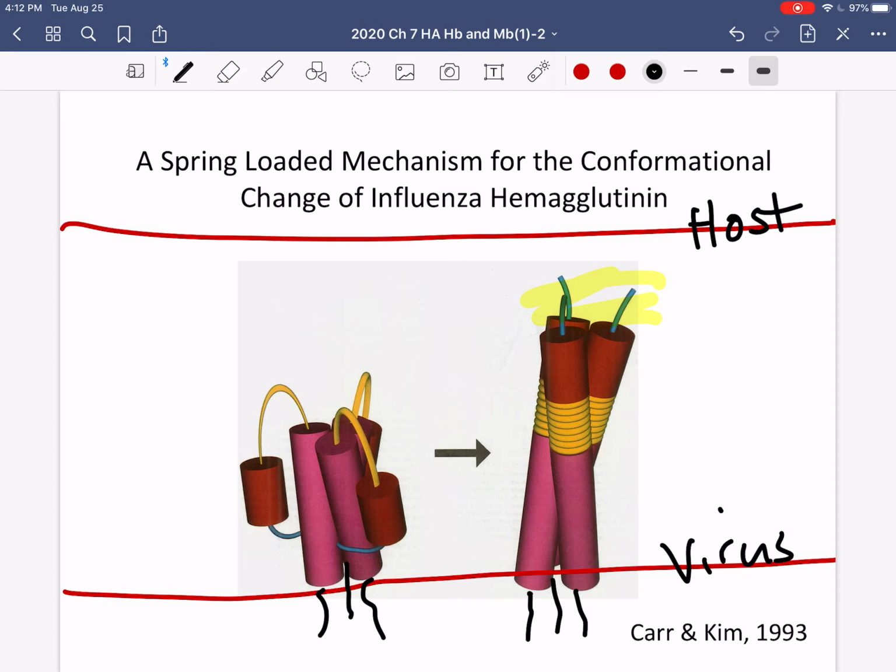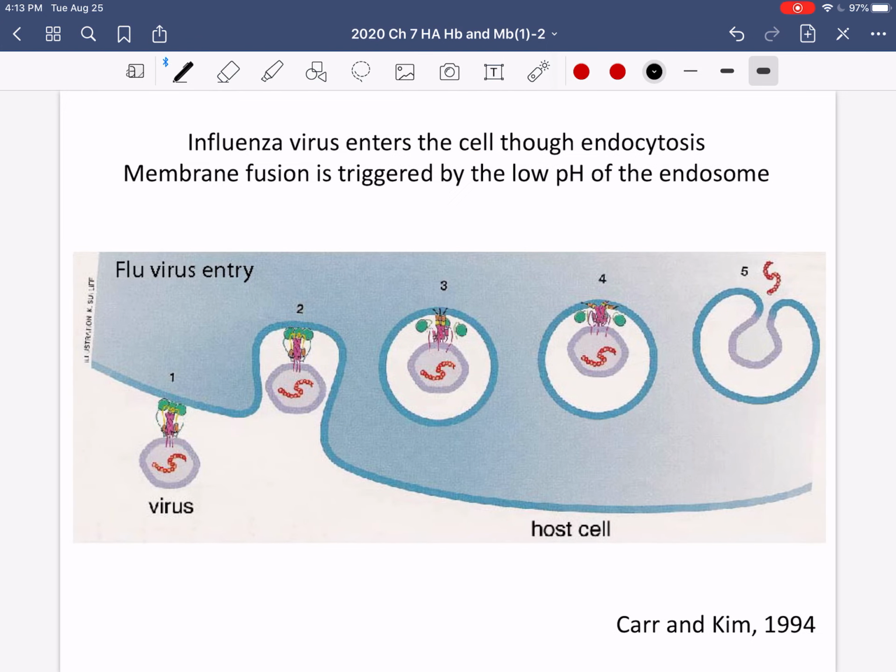All right, so that 100 angstrom or 10 nanometer conformational change is a random coil loop converting to a coiled coil and getting the protein ready to bring the host and the virus membranes together so that the virus can spill its nucleic acid into the host cell and make lots and lots of copies of itself. And that's what you'll see in the animation.